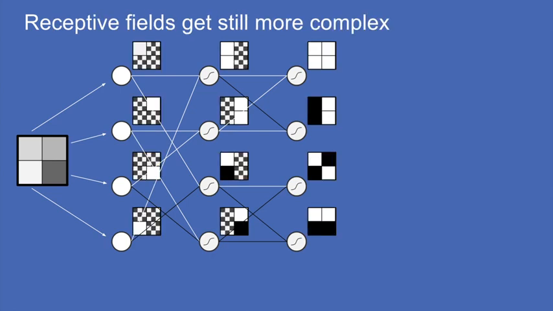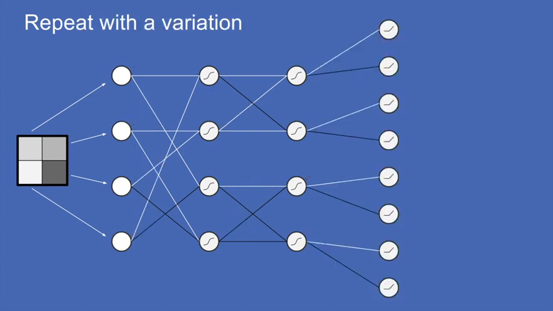Each time the receptive fields get even more complex. So you can see here, using the same logic, now they cover all of the pixels and more special arrangements of which are black and which are white. We can create another layer.